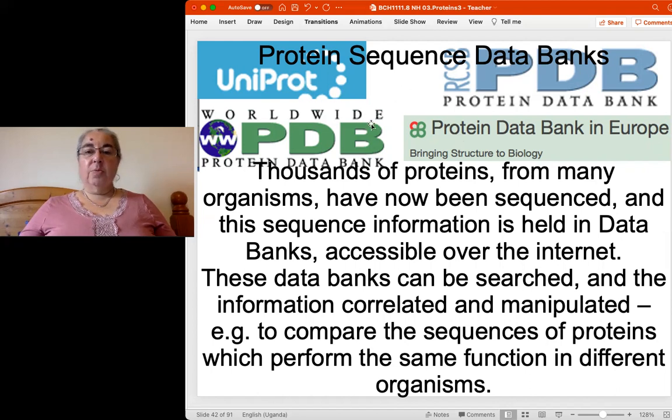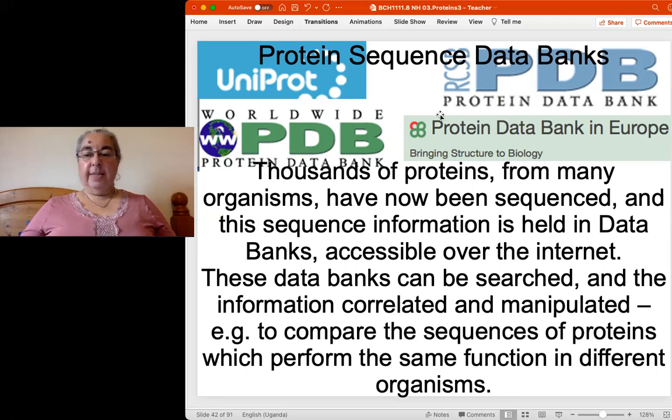And these now are all linked with each other, so the same information tends to be accessible through all of them, with slightly different ways of getting to it and slightly different things that you can do with the information depending which one you've chosen. So these data banks are freely available to anyone.